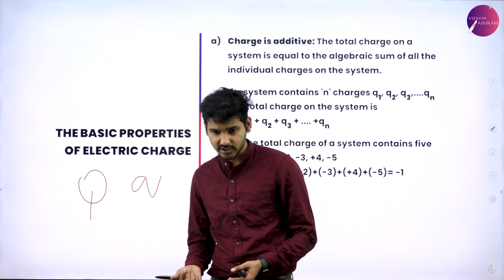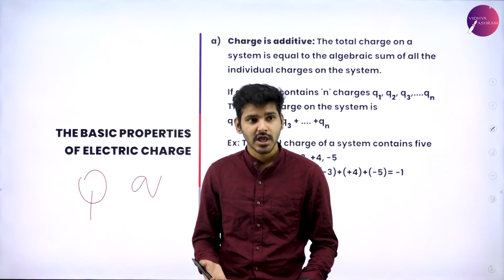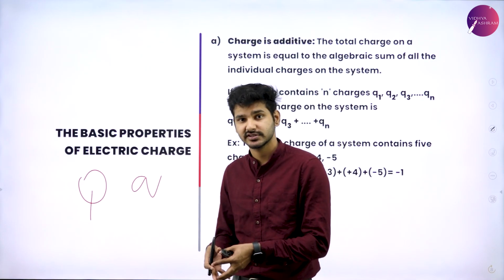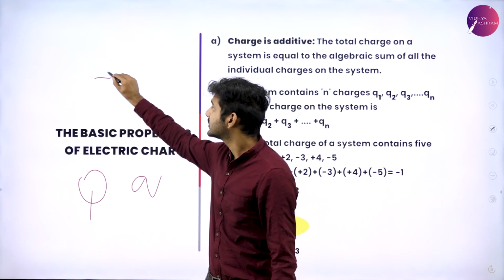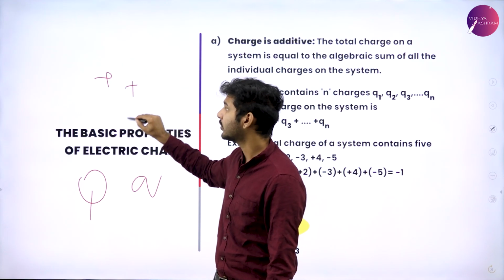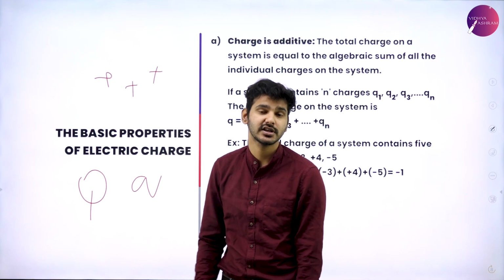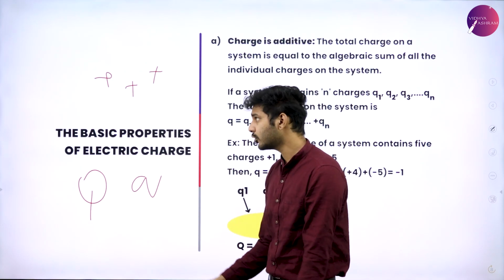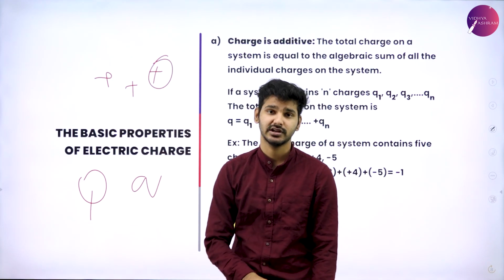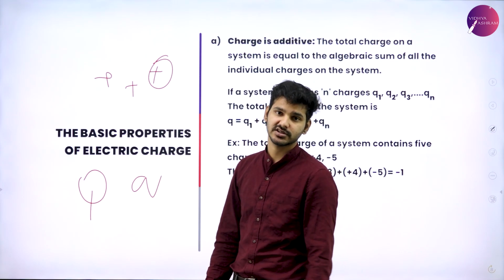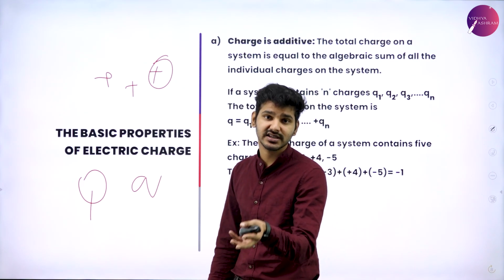So if you have a material which is charged, you can see that there will be positive, positive, positive. There will be many positive charges on a single material, because there won't be just one positive charge in a material. So how do you know how much charge is in the material?